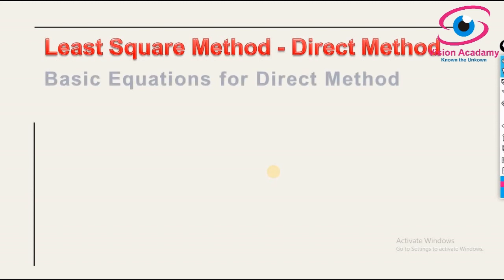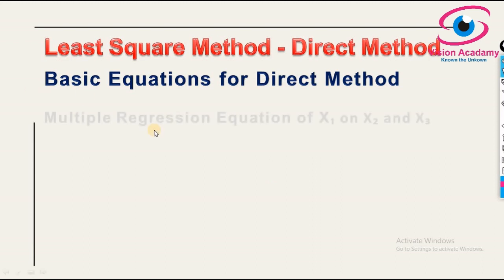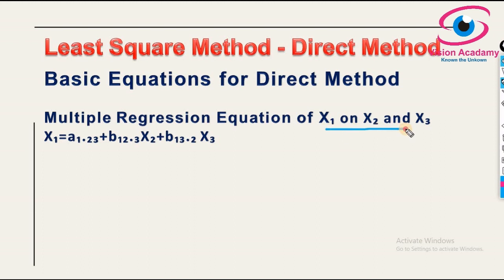As I told you, here we solve the multiple linear regression using equations. We have two equations: firstly, the basic equation and then the normal equation. The basic equation is this. In the case of the basic equation for x1 on x2 and x3, x1 is the dependent variable and x2 and x3 are independent variables. We see the changes in the independent variables over the dependent variable.